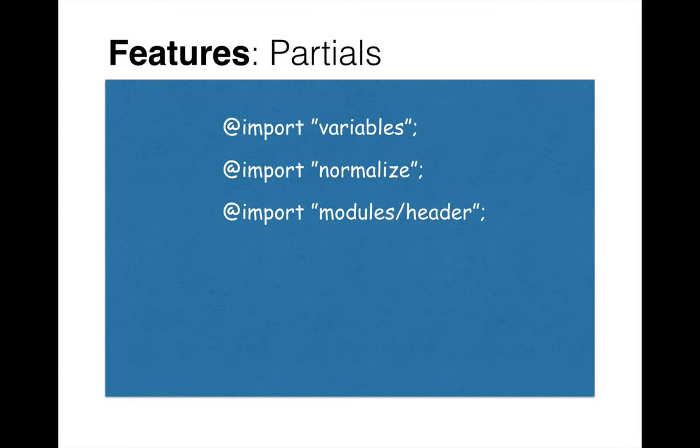You can have folders containing other Sass files, which can be imported too. You just need to write the name of the folder and then after a slash the name of the file.